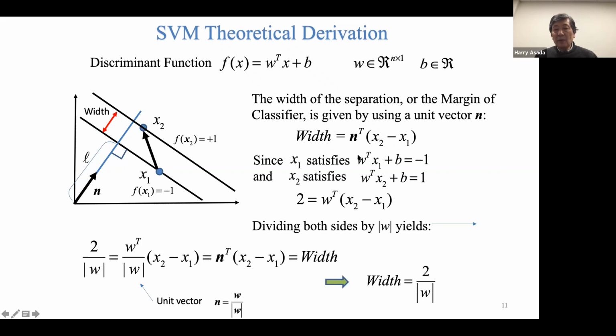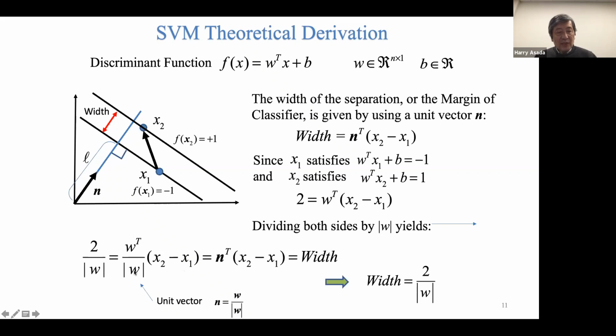Okay, now let's subtract the first equation from the second one. Then what you get is 1 minus (-1) equals 2, equal to W transpose (x2 minus x1). Now let's divide both sides by the magnitude of the weight vector W. Then what you get is 2 over |W| equals W transpose divided by its magnitude, times (x2 minus x1).